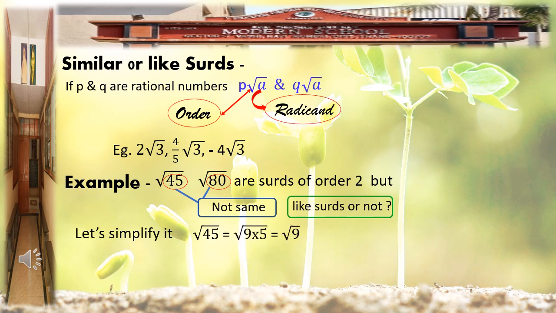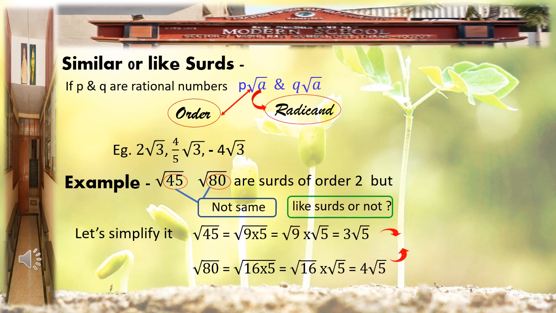Separating root 9 and root 5, we can write root 9 as 3. So, answer is 3 root 5. Similarly, we simplify root 80 and get 4 root 5 as answer. Now comparing radicands, we see radicands of both are same. So, root 45 and root 80 are similar or like surds.